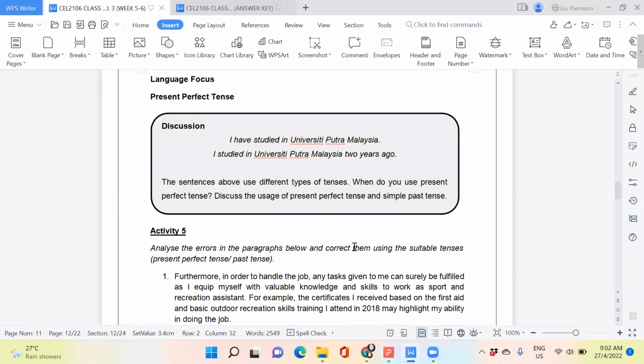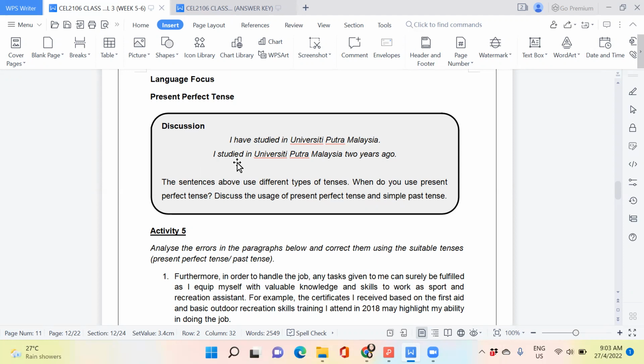So let's talk about the language focus, present perfect tense. What is present perfect tense? I think you've heard of this when you were in school, and I hope your teachers back in school have taught you about it. If you can see here, in the discussion box you have two sentences: "I have studied in University Putra Malaysia," and "I studied in University Putra Malaysia 2 years ago."